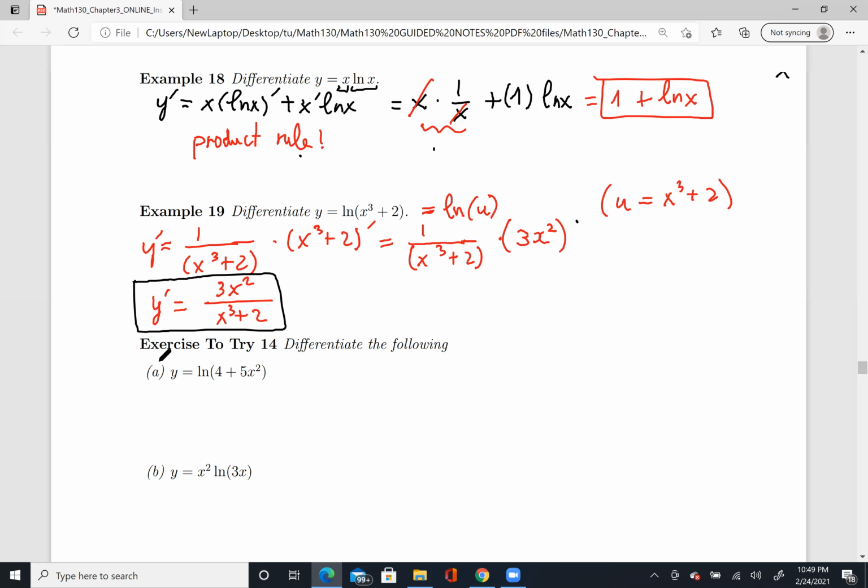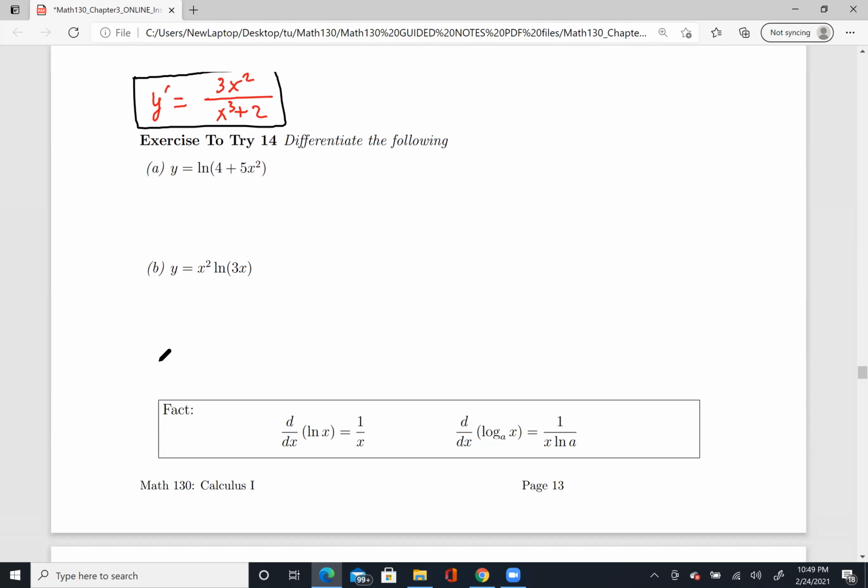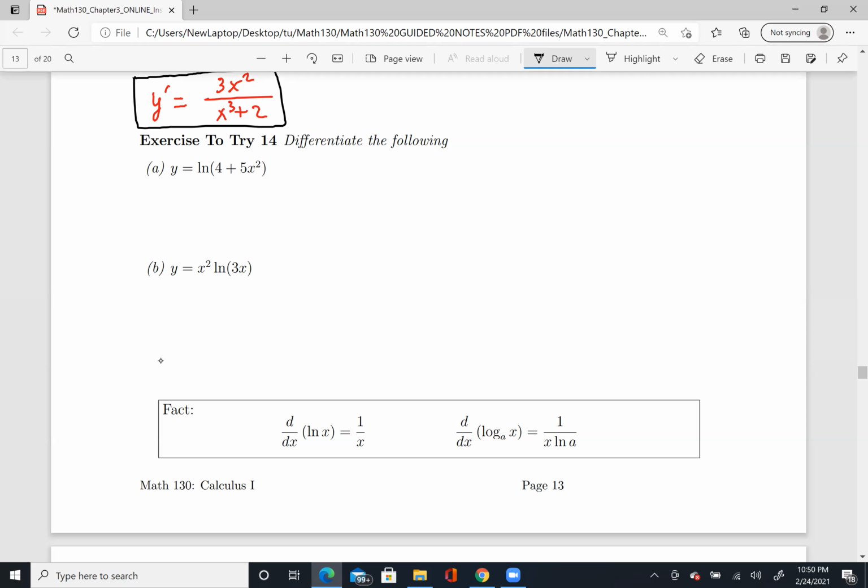So now let me move down a little bit. We did have exercise to try 14 over here, with ln, and another problem b in here could be a little bit different, but you should understand this.